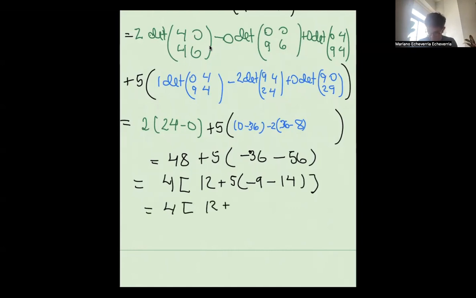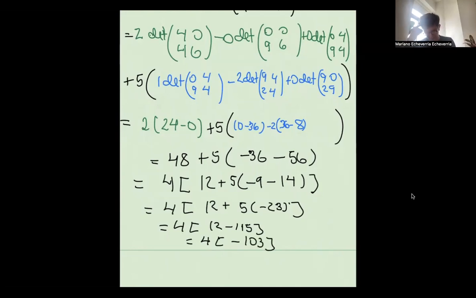Okay, and then this is 9, this is minus 23, right? And then what is that? 5 times 23, that's 115. So it's 12 minus 115. And this is 4 times what? It's minus 103. Okay, this one actually ends up being a little bit easier to multiply, I think.